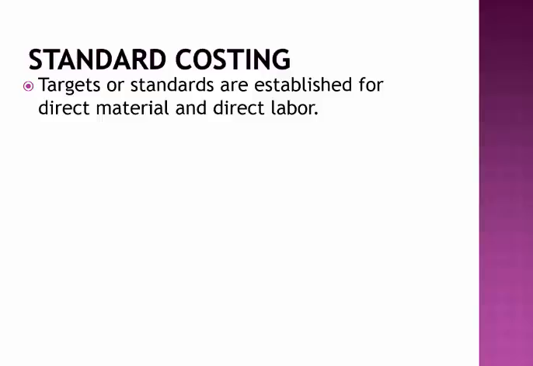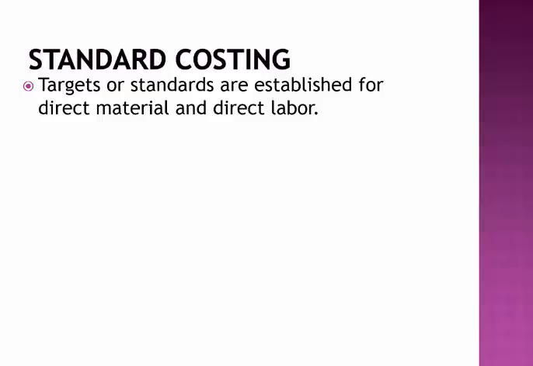A standard price is the price a company expects to pay for a unit of input, such as $10 per pound of raw material or $10 per direct labor hour. Okay, so we have a standard input quantity allowed, and we have a standard price that we expect to pay for those.